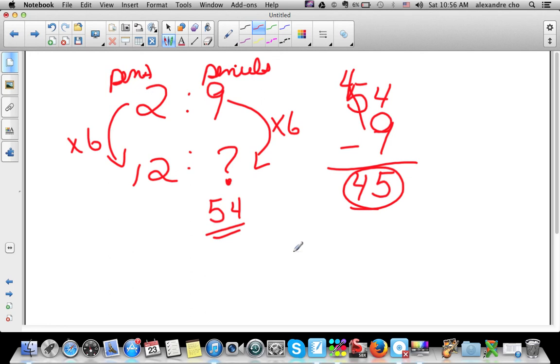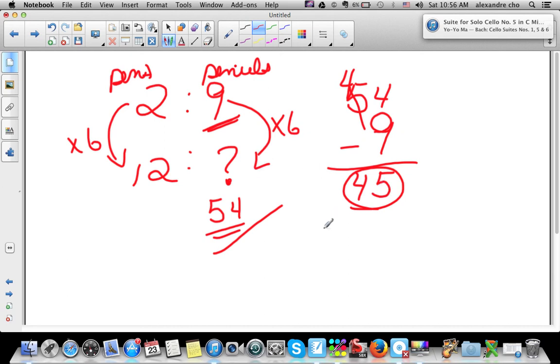Answer, 45. Okay, so the way the question was worded, you have to be careful. Yes, when there are 12 pens, you have 54 pencils, but that's not what the question is asking. The question is asking how many more pencils are there. Once you start with 9, there are 45 more pencils than you initially had.